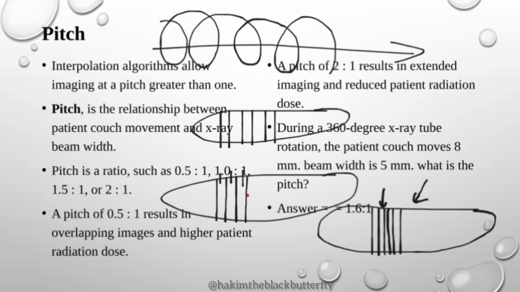it is very important when it comes to uncooperative patients, that you want to capture these images at a very high speed and in the shortest time possible, before the patient even thinks about making any movement.